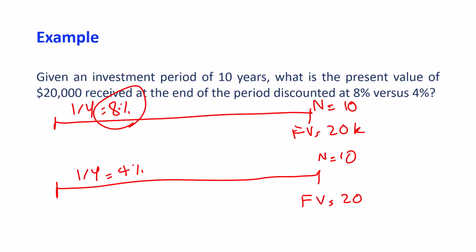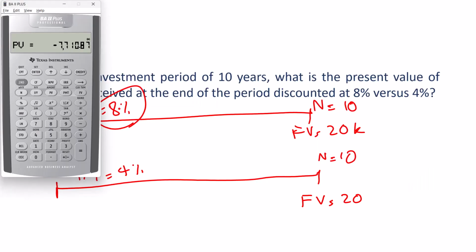Let's do this in the financial calculator first. We clear this, and then we have $20,000 for our future value. By the way, the order in which you enter them doesn't matter in the financial calculator, but the order of inputs in Excel matters, so just keep that in mind.